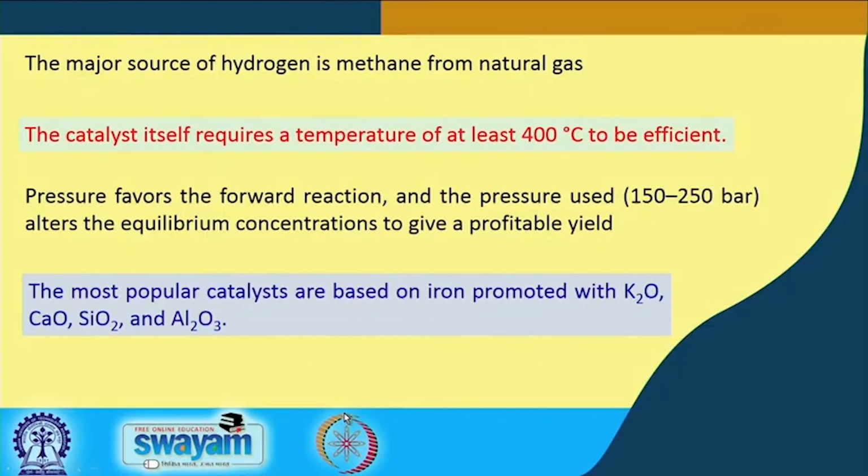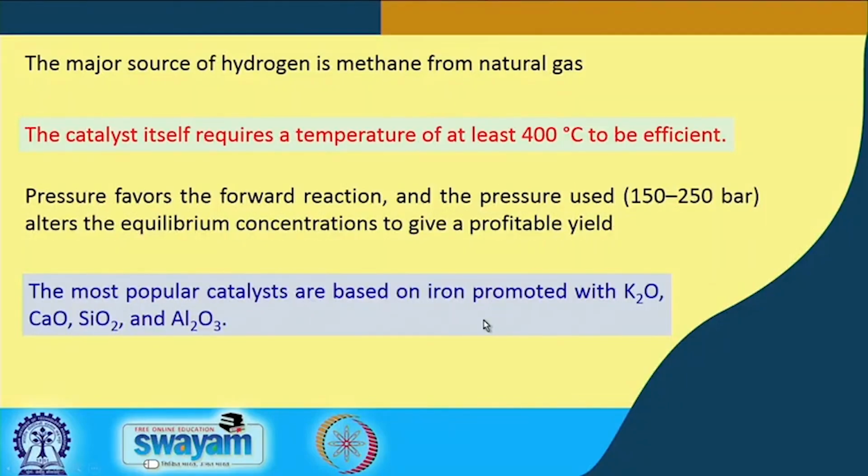These supports increase the surface area of the catalyst, such that gas can come and be adsorbed on those surfaces and the contact will be increased. So, by increasing the surface area, we require a supported catalyst for the conversion reaction between hydrogen and nitrogen for the production of ammonia.